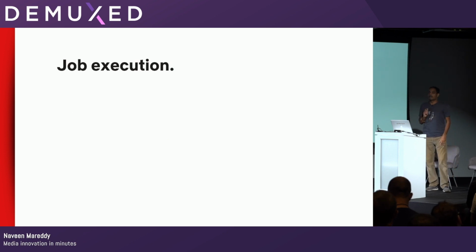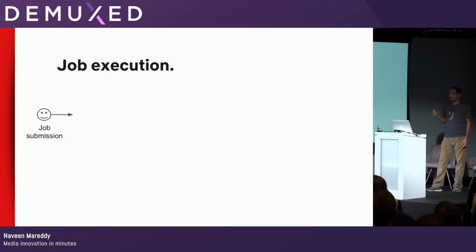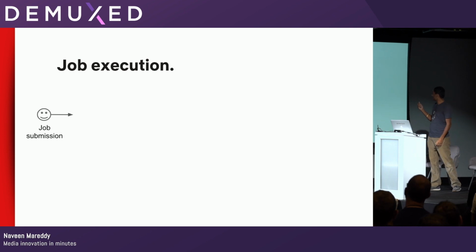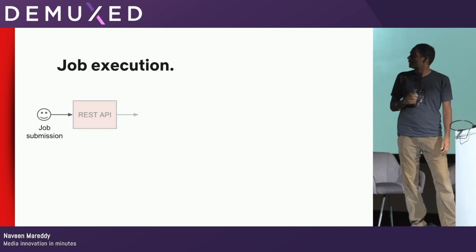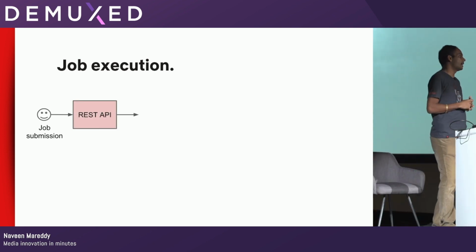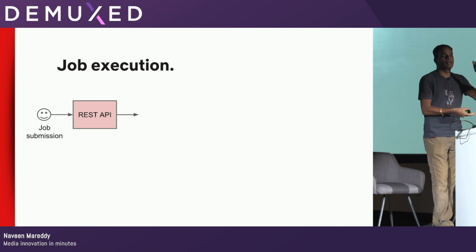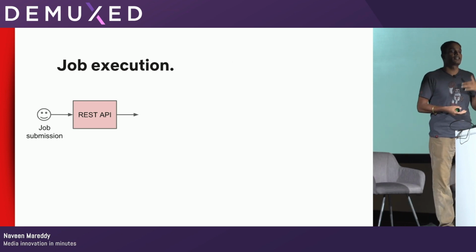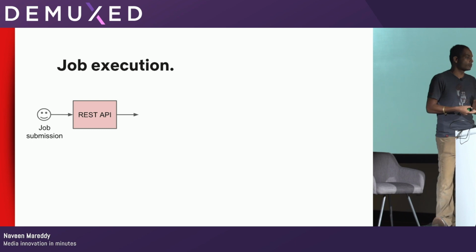Here is how a typical job execution looks, purely from the backend perspective, like a systems diagram. The user normally submits a job request. This job request is a REST API call where the request contains the movie against which the recipe has to run.